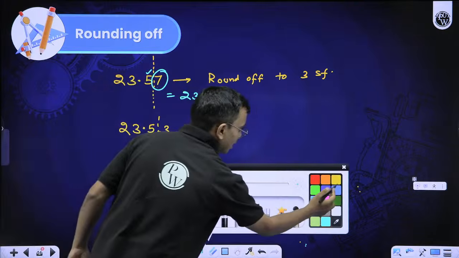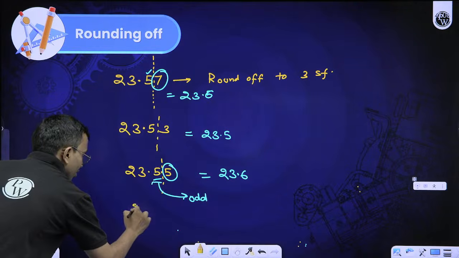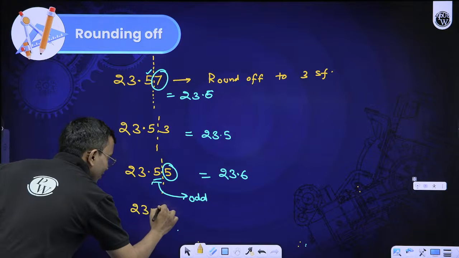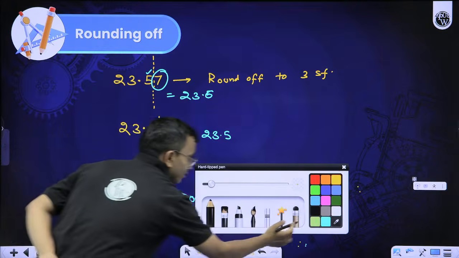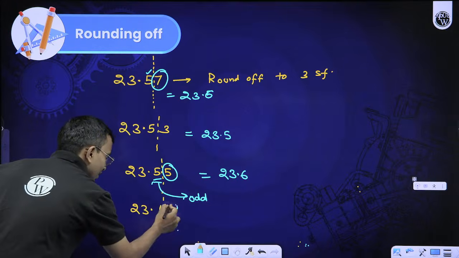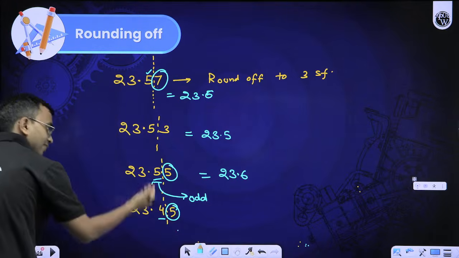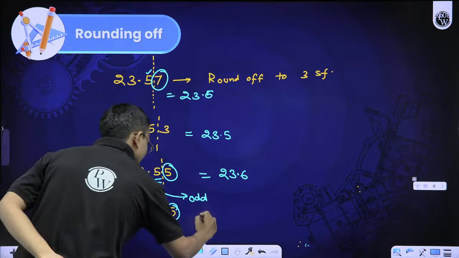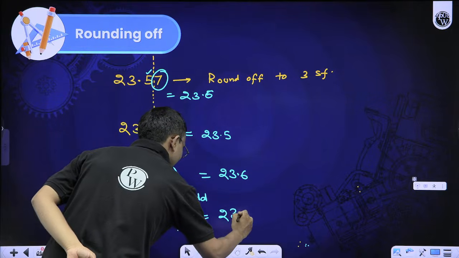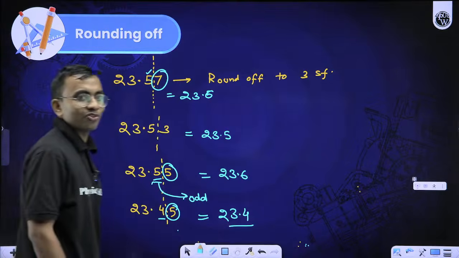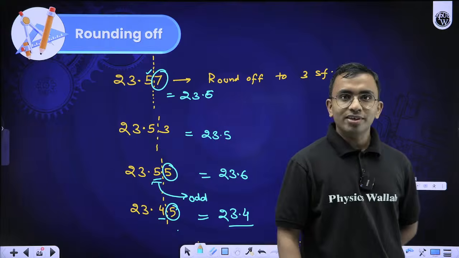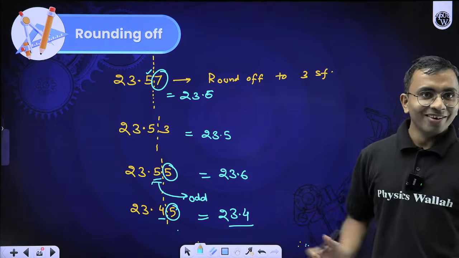If it is even, let us take an example of 23.45, and you have to round off from here. Is the previous one even? Yes, this is even. If this is even, leave it as it is. This will become 23.4. So these are the rules of rounding off, covered with examples. I hope you got it.